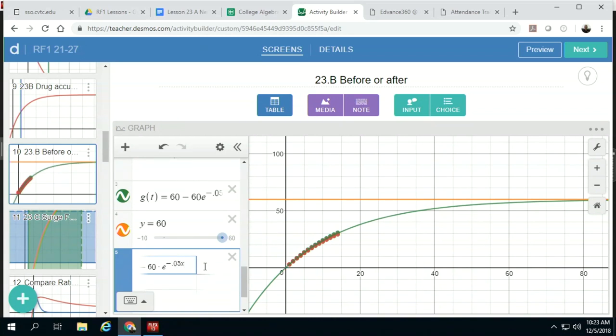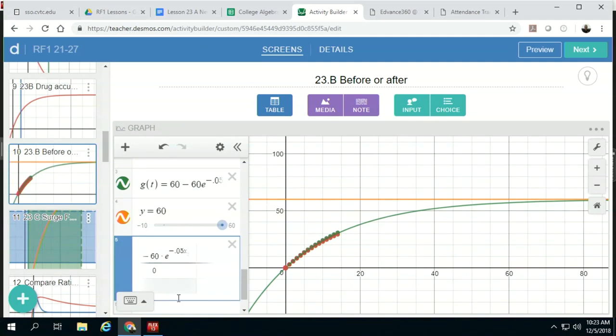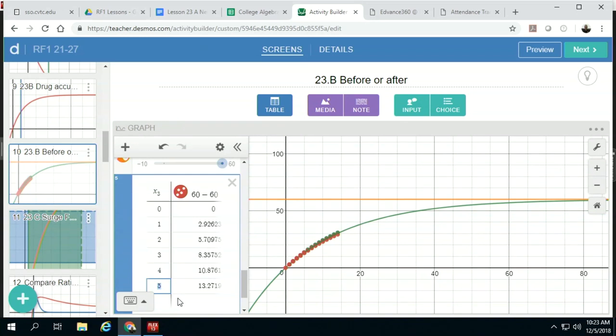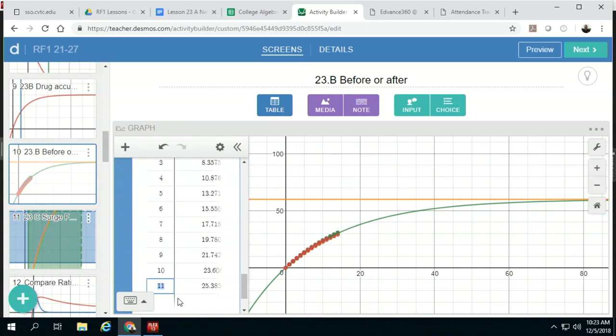And my variable is x3. I don't know what yours is, but my variable is x3. Now I'm going to go through and put in all the other hours. So 1, 2, 3, 4, 5, 6, 7, 8, 9, 10, 11, 12, 13, 14.